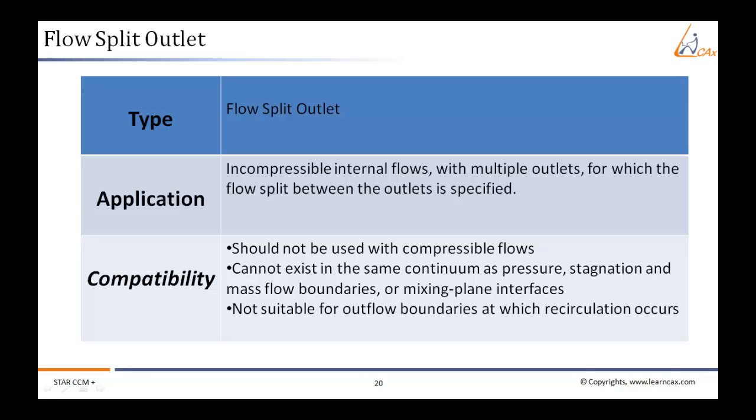The flow split outlet boundary represents the outlet of a duct. When multiple flow split outlets bound a fluid continuum, we can specify the fraction of the total mass flow through each of the outlet boundaries. The sum of all flow split fractions from all of the flow split outlet boundaries in a simulation must equal to 1.